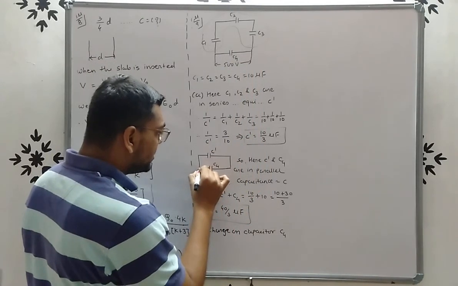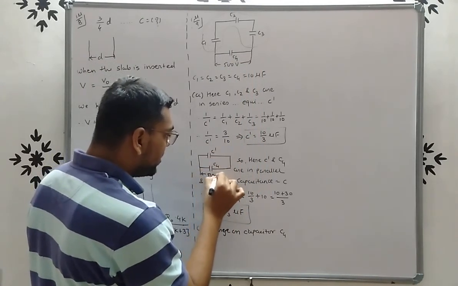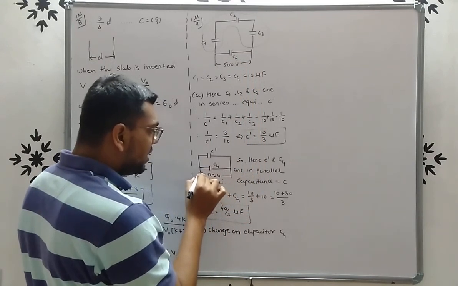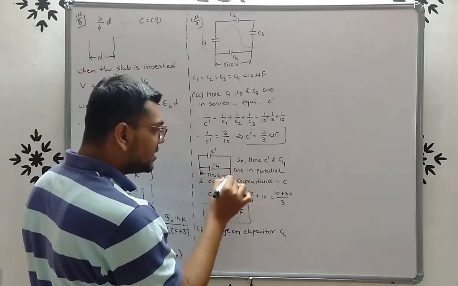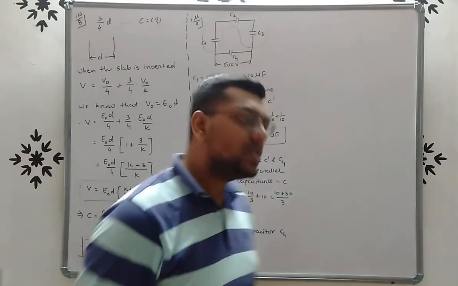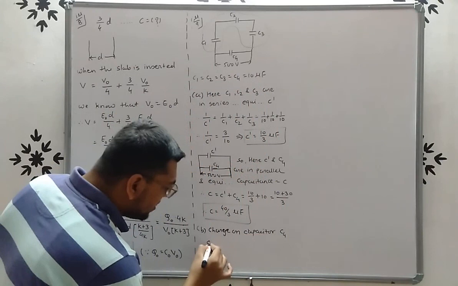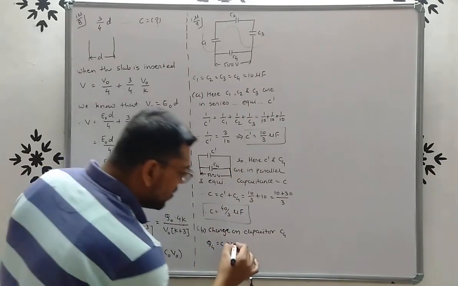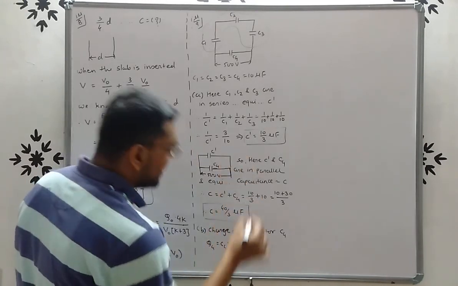So here this is the 500 volt supply. Right. So here we know that there is only one capacitor C4 in this line. So we know that Q is equal to CV. So charge on capacitor C4, that is Q4, is equal to C4 into V. We know the value of C4, that is 10 microfarad.